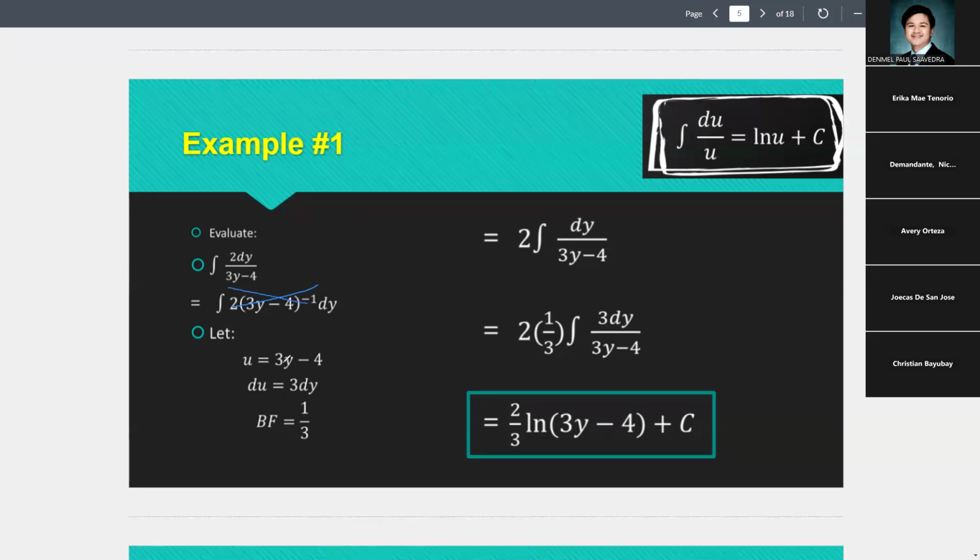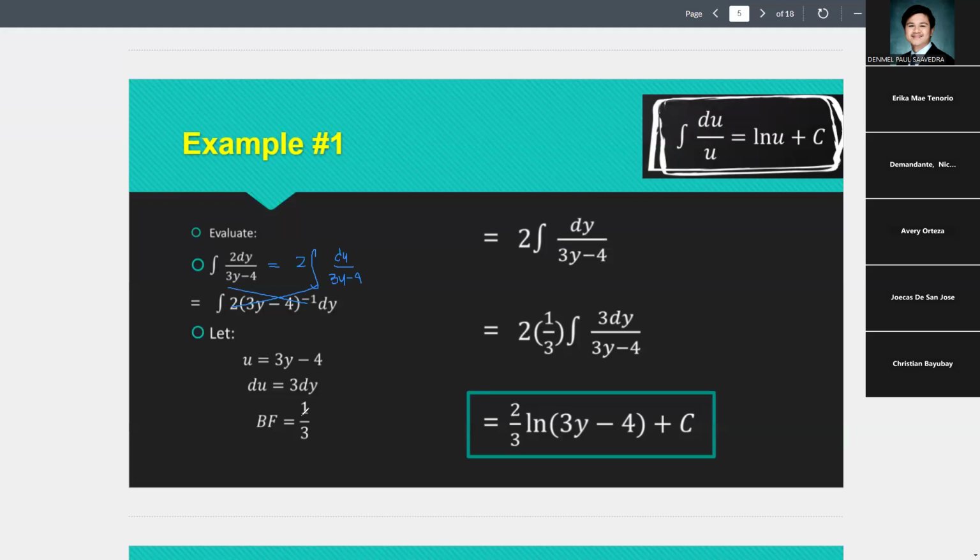So again, the differential of u is 3 dy, and as you can see, we don't have a 3 in here. You can take out the 2 first so you don't get confused. So it's like dy over 3y minus 4. This is our u, this is our du, and when we derive our u, we get 3 dy.